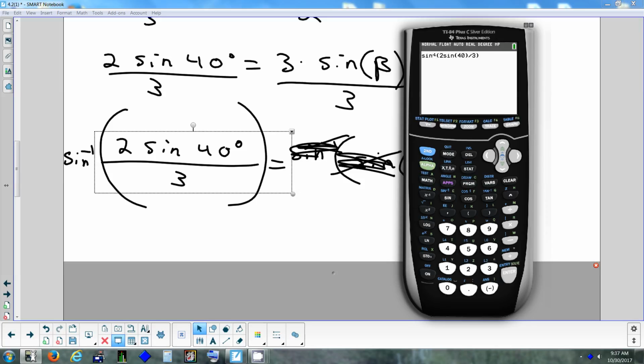Okay, so we've done all the steps right. We typed it in right. And I got an answer. So this is not a no solution problem. What that tells me is there's at least one solution, maybe even a second one. Okay. But I'm definitely going to write that one down.